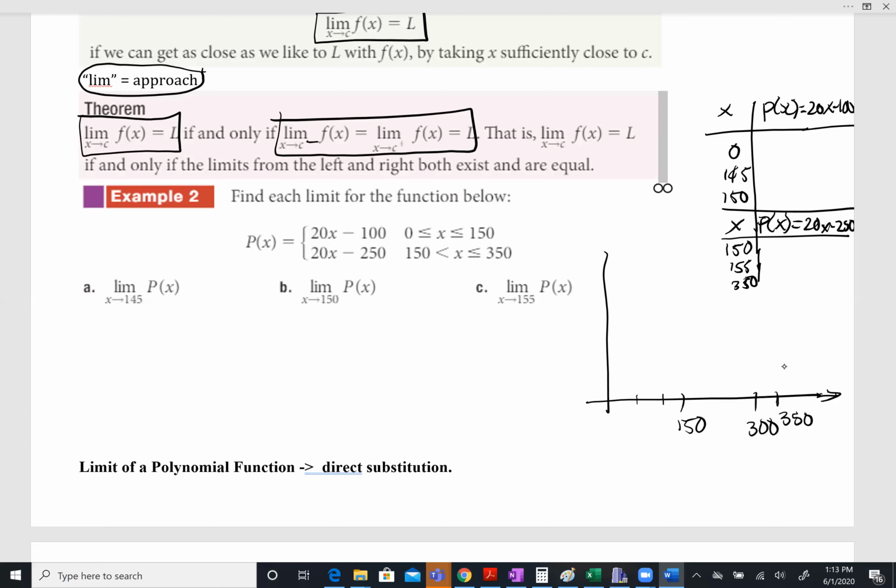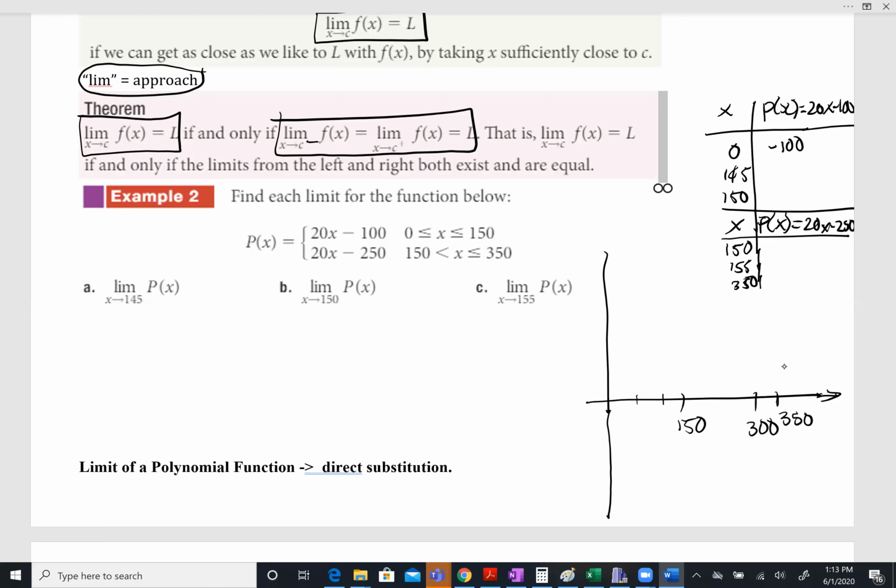Okay. So for the first value 0, I will have negative 100. Okay, so negative 100 is going to be down somewhere here. And what else? 145.